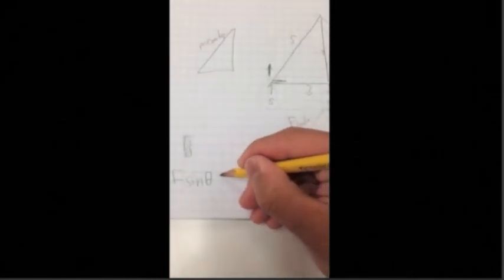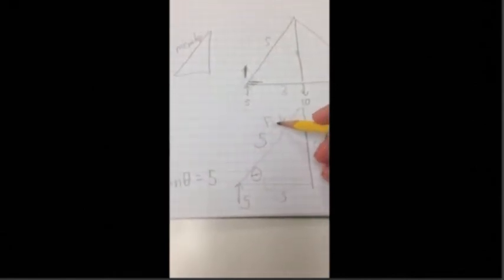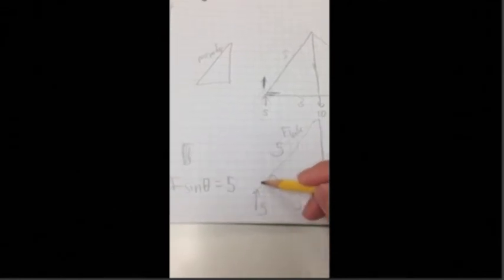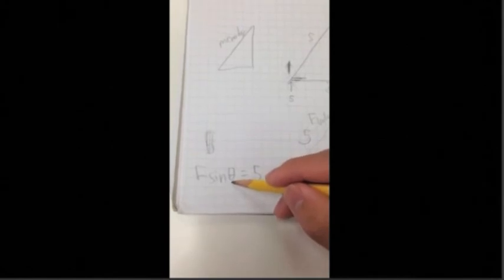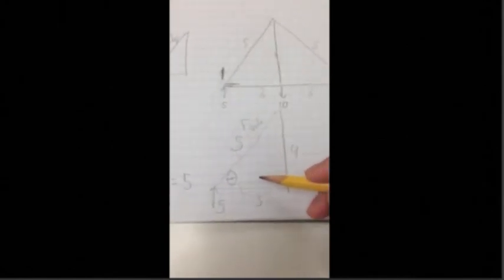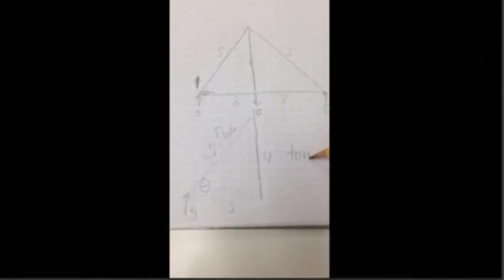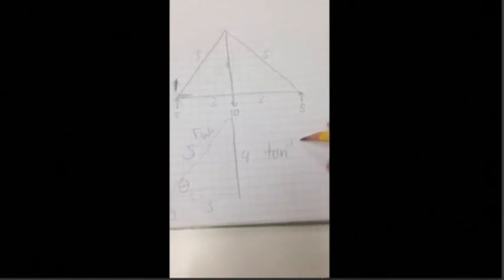And to solve this problem, you're going to have to find theta, which is the angle. To do that, you can just do inverse tan of opposite over adjacent, which is going to be 4 over 3. And once you've found theta, you're just going to solve for the unknown force.